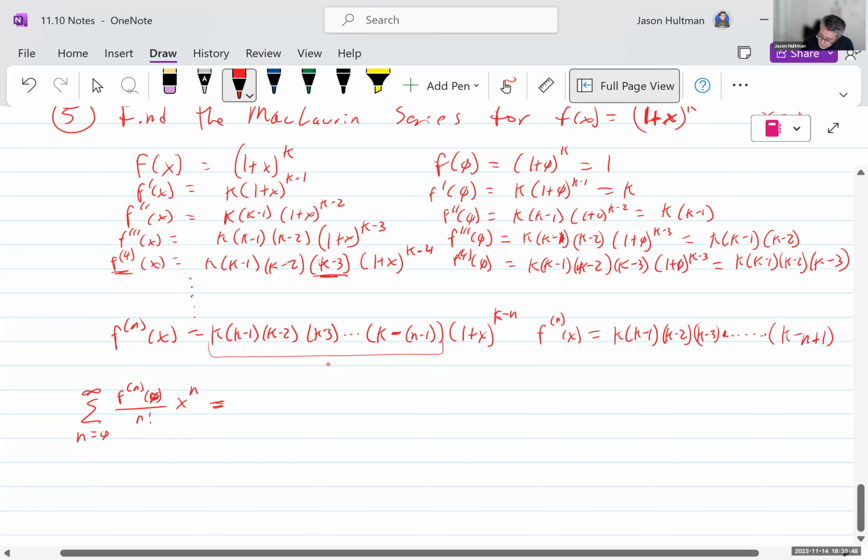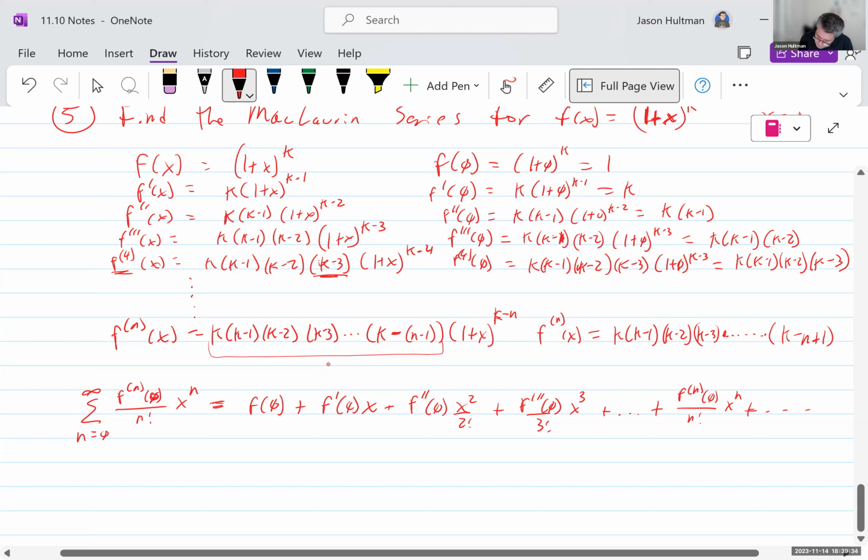What's f of 0? So this is going to be f of 0 plus f prime of 0 times x plus f double prime of 0 times x squared over 2 factorial plus f triple prime of 0 over 3 factorial times x cubed plus dot dot dot, going all the way to the nth derivative evaluated at 0 over n factorial times x to the nth degree, and then this goes on forever after that.